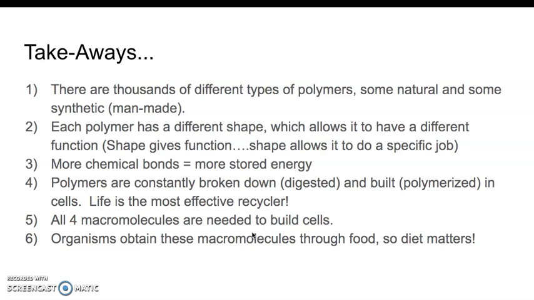All right, you need all 4 of those macromolecules, carbohydrates, lipids, proteins, and nucleic acids. You need all of them to maintain and build healthy cells. And the only way to get those is through food. So you really are what you eat, and what you eat does matter.